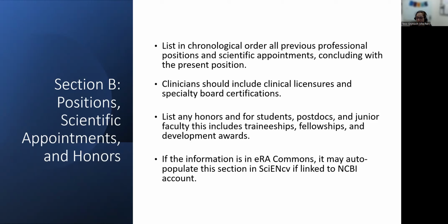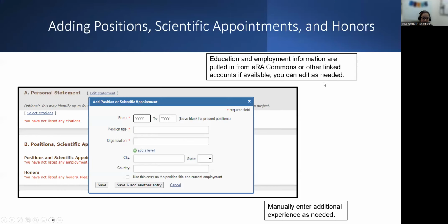You're also going to want to list any honors. This could be scholarships, fellowship awards, things like that. Did you get inducted into an honor society during your undergrad? That might count here. This is also another section that could be pulled from ERA Commons, and you'll just want to review it if it does get pulled in, to make sure that it's accurate and correct. Or you can enter it manually as with the other sections.